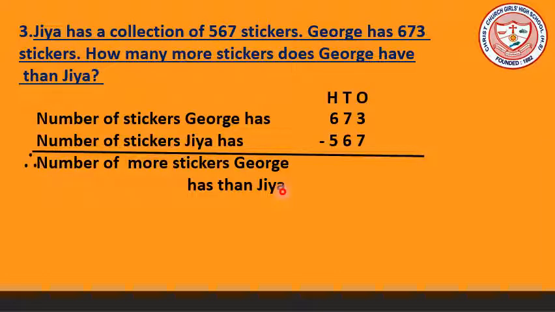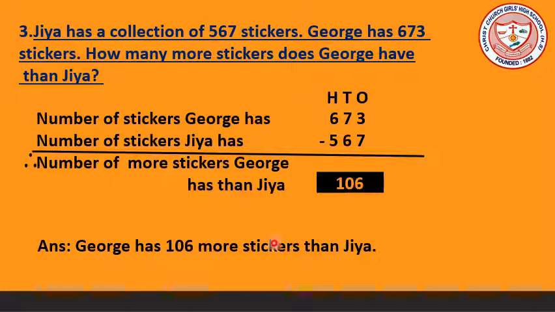Alright, and girls, please remember we have to put this therefore sign in the third sentence. Okay, first we are going to put this sign, then we are going to write the sentence over here. Alright, and what will be the answer? Yes, the answer will be 106.